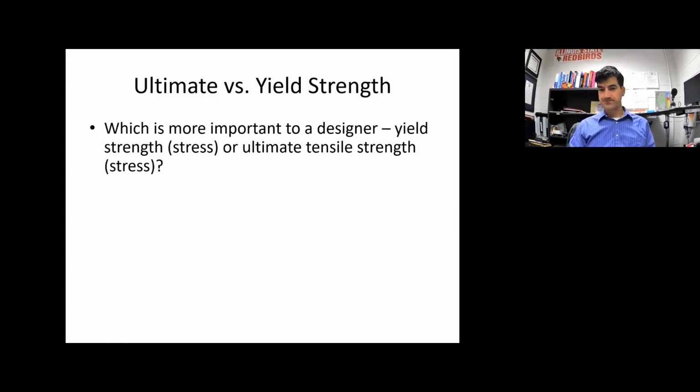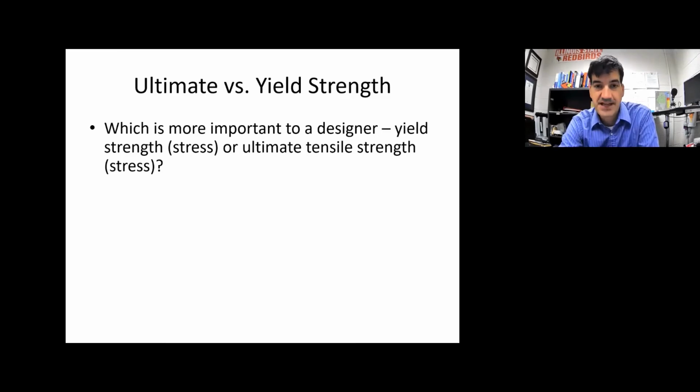Now, oftentimes I get varied responses when I ask this in class, but oftentimes people say the ultimate tensile strength is more important because that's the maximum strength of the material, right? So it's not going to fail until it reaches the ultimate tensile strength. But remember that with the ultimate tensile strength, we get plastic deformation first before we get to it.